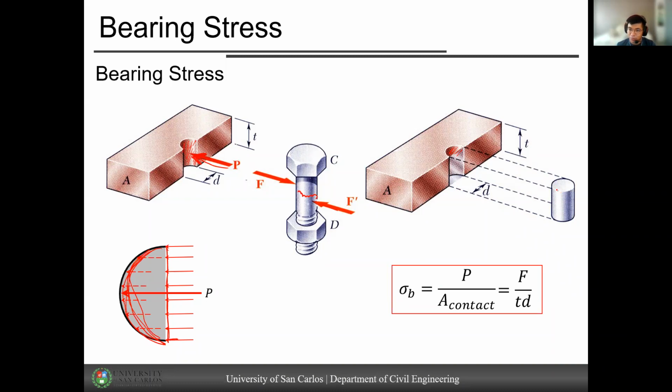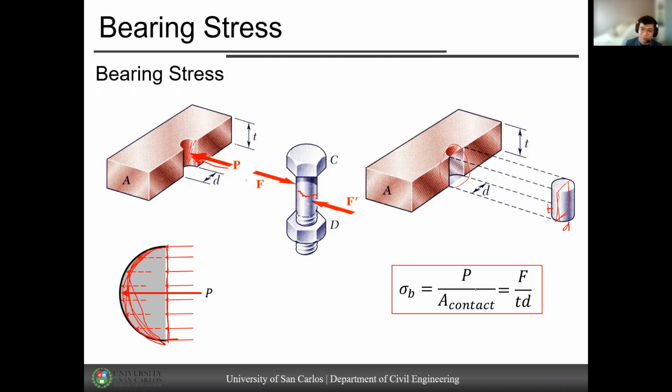So if you create the cutting plane, it appears as T times the diameter. Of course, that thickness is not coming from the bolt, but from this area here, the thickness of the material, and the width of the contact is of course coming from the diameter of the bolt itself.